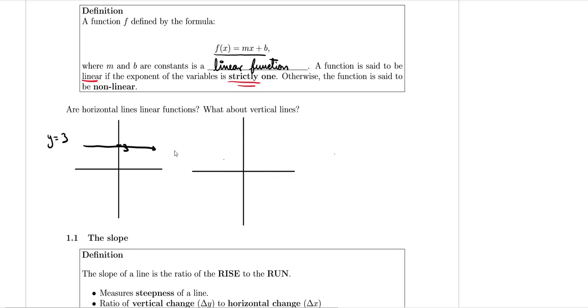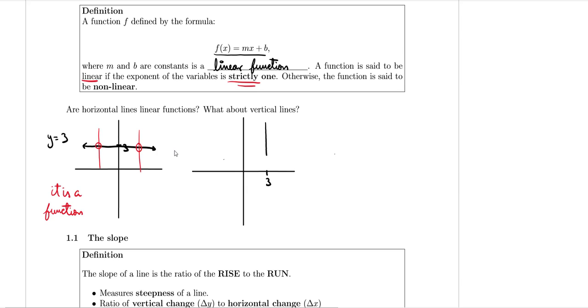I think it is, because we just talked about the vertical line test, and if we picture vertical lines passing through this horizontal line, yes, they're only crossing once, so it is a function. Now, what about vertical lines? Now let's go for a vertical line, and same idea here through 3.